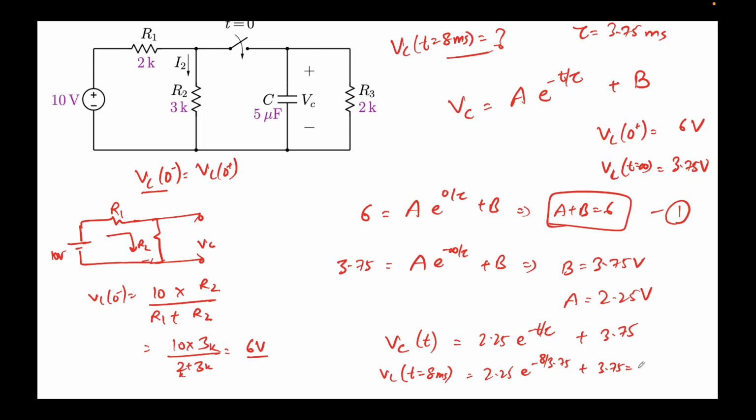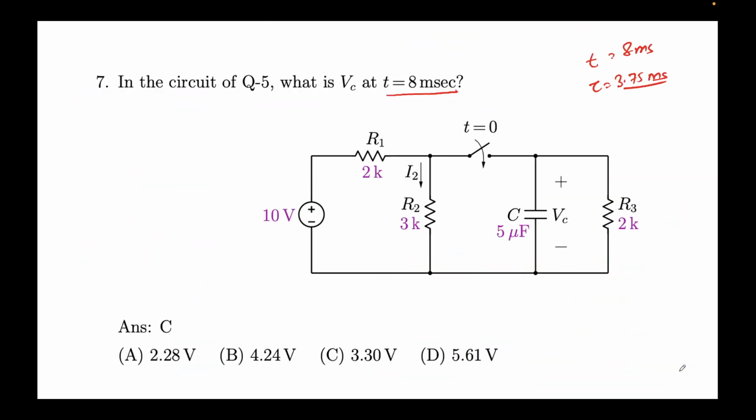So exponent of minus 8 over 3.75, this value comes out to be 0.118, that is multiplied by 2.25, so this comes out to be 0.266, and then we add 3.75 to that, so the final answer comes out to be 4.02 volts.